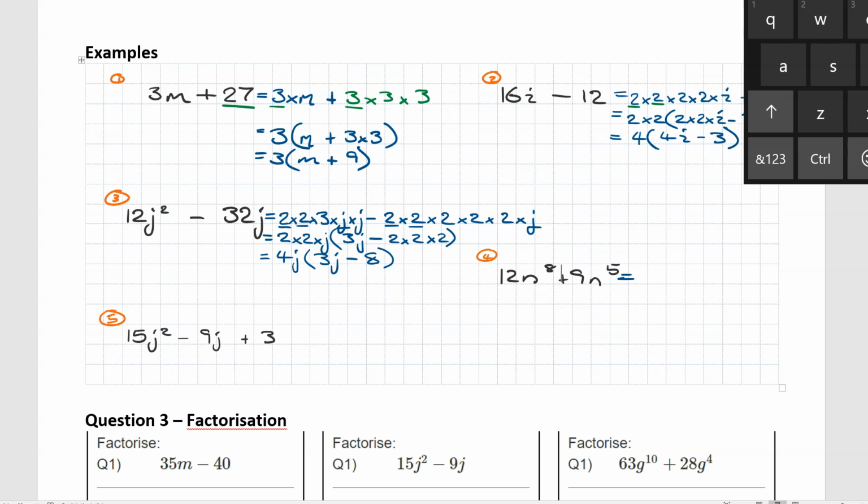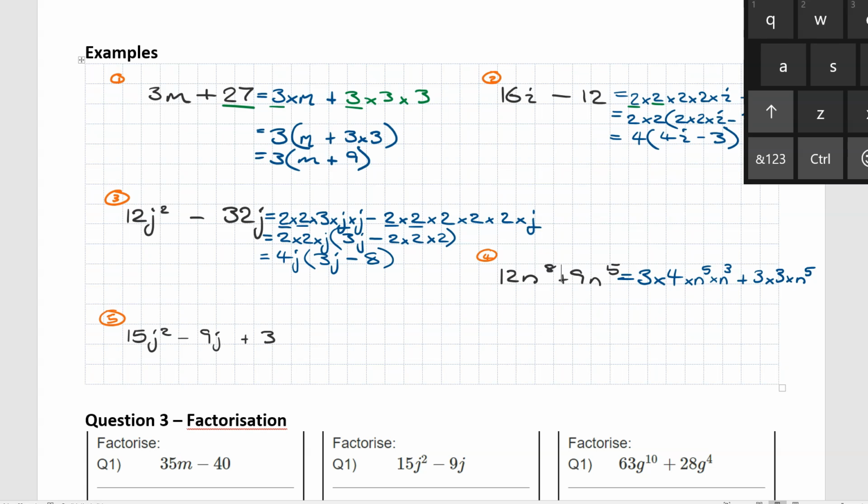So I'm going to write it as 3 times 4, and then looking at the n to the 8 and the n to the 5, the common factor here is n, and there's 5 of them in common. So I'm going to write times n to the 5, and then I'll do the leftover 3 like that, plus 3 times 3 times n to the 5.